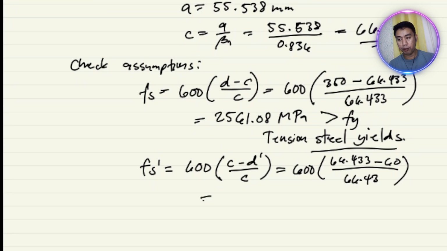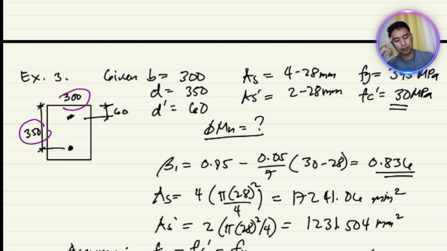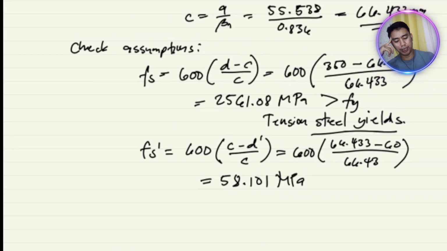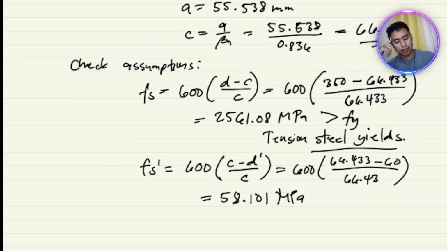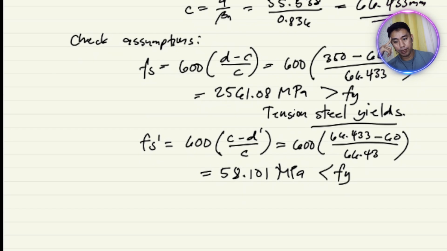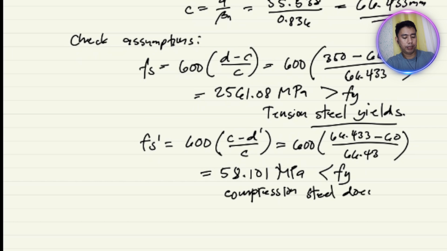Okay, this is equal to 58.101 megapascal. Ang Fy natin is 345. Ito 58 lang. Okay? So, does it mean this is less than Fy? That means ang compression steel natin, yung sa taas na steel, does not yield.